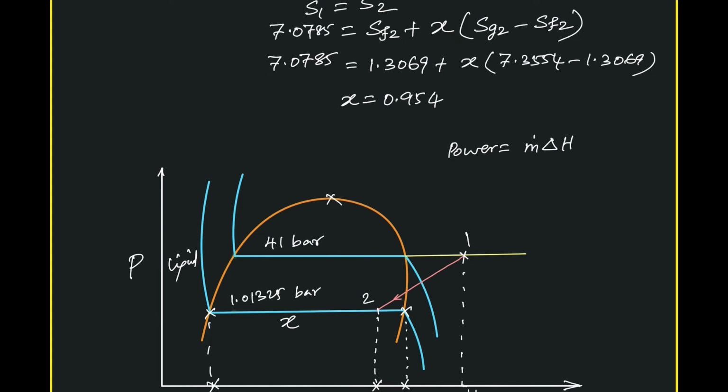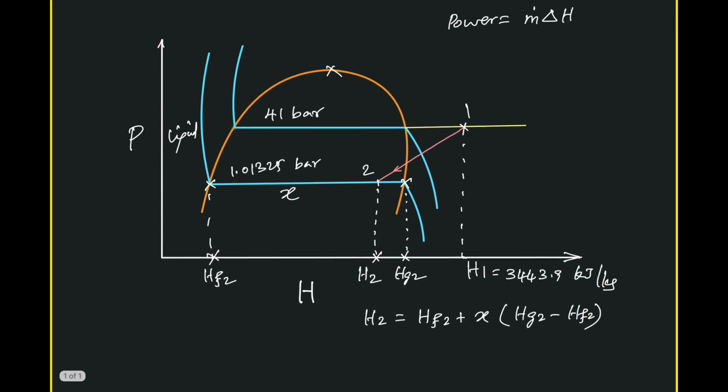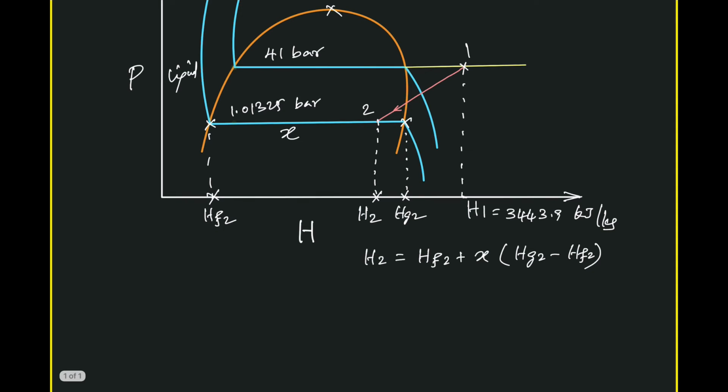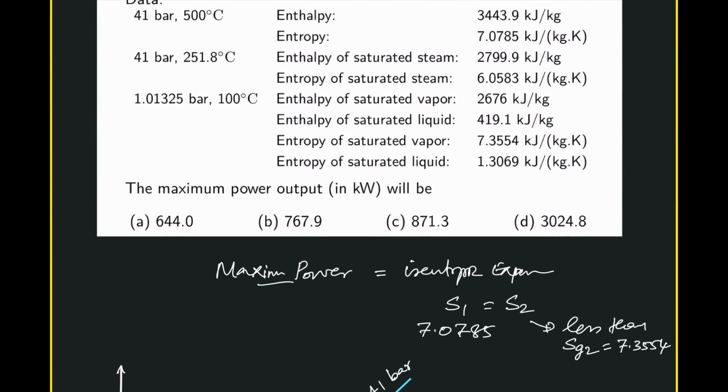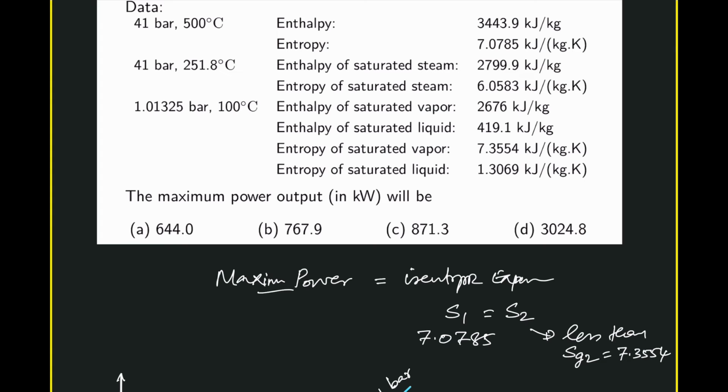Since we already know this value of x, we can make use of that to get the value of H2. Of course, Hf2 and Hg2 we need to take from the data given. These are nothing but the enthalpy of saturated liquid, Hf2, and vapor, Hg2.